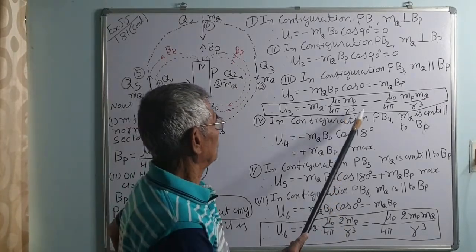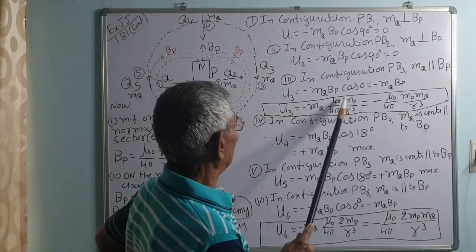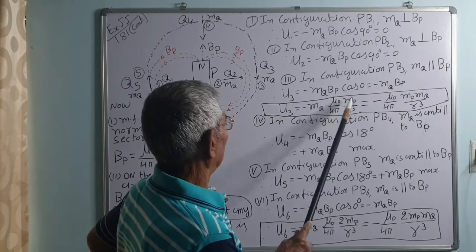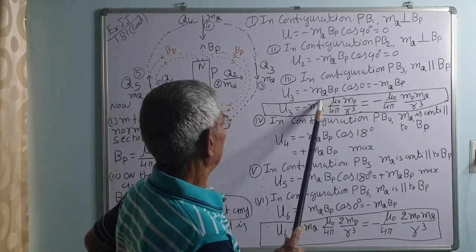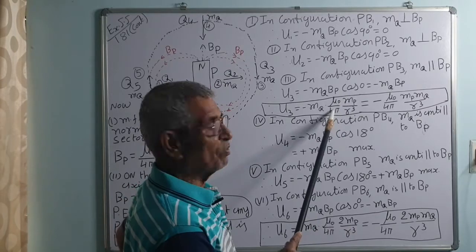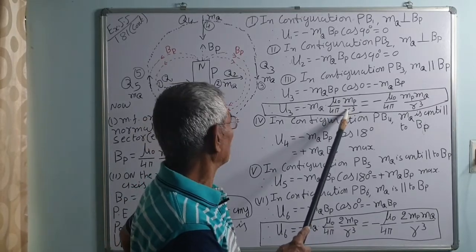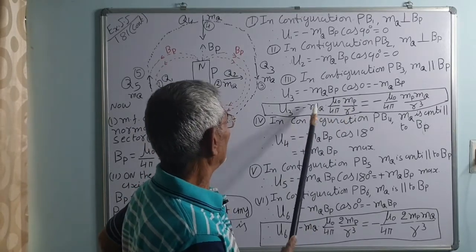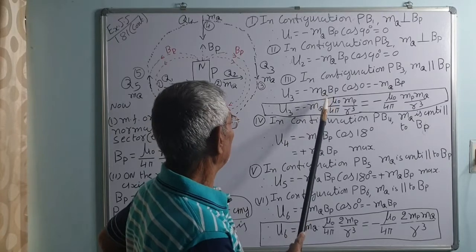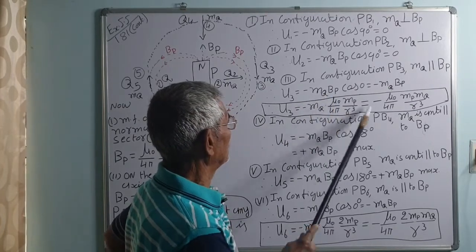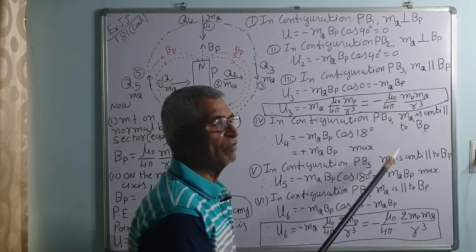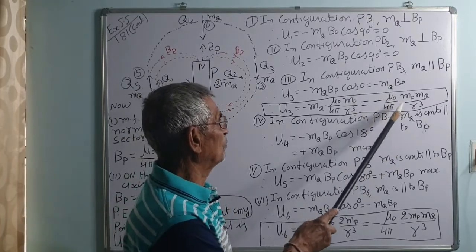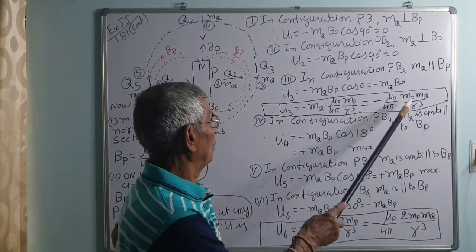So put the value of the field BP. The potential energy will be minus MQ BP, so that is equal to minus mu 0 upon 4 pi MP MQ upon R cube.